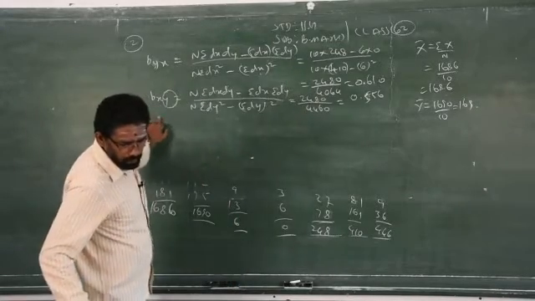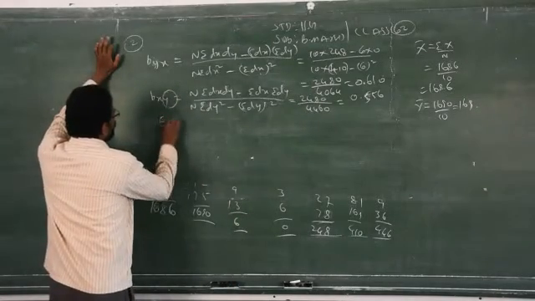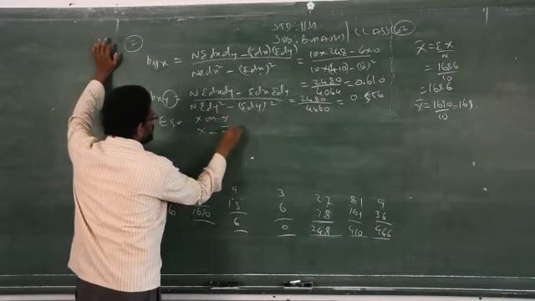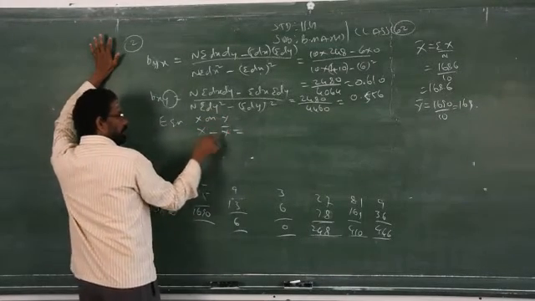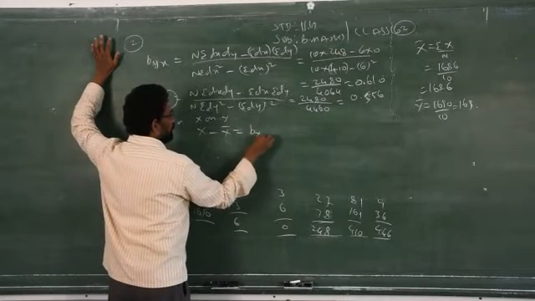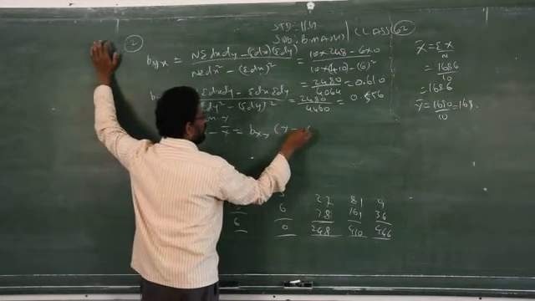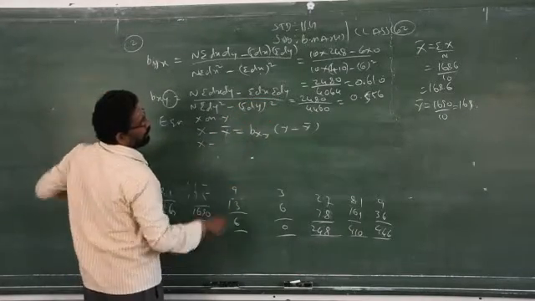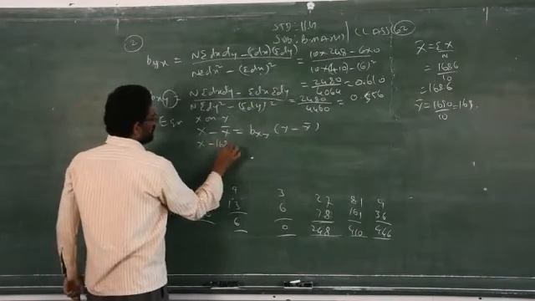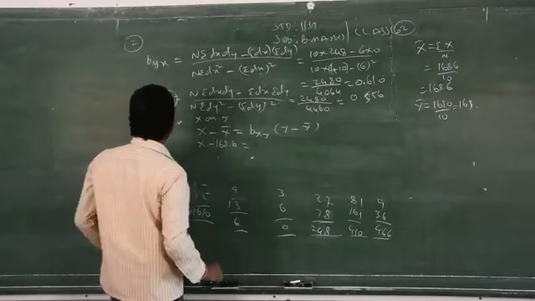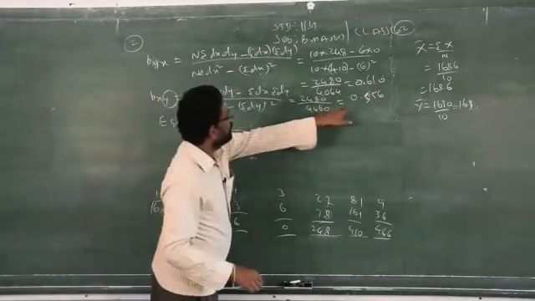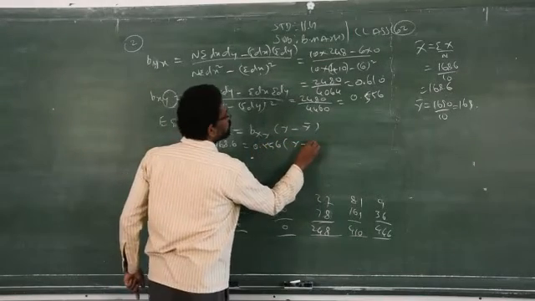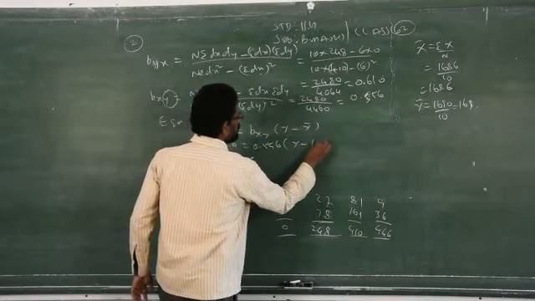So now you have to find out the equation x on y. Formula is x minus x bar is equal to bxy into y minus y bar. What is our x bar? X bar we found already, 168.6, is equal to, what is our bxy answer? Bxy answer is 0.556, y minus y bar is 169.